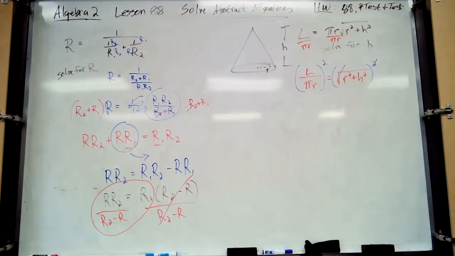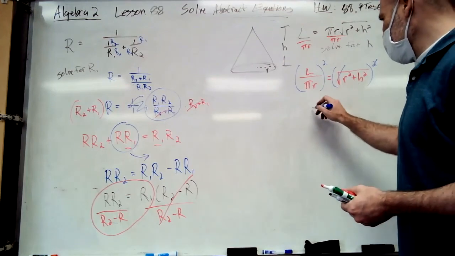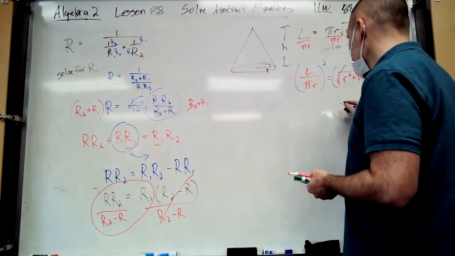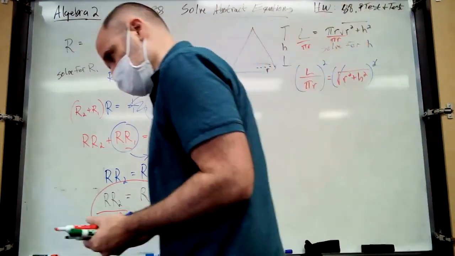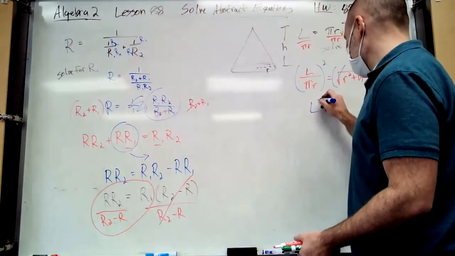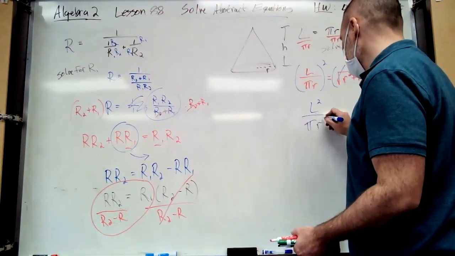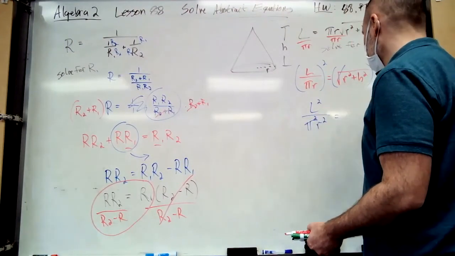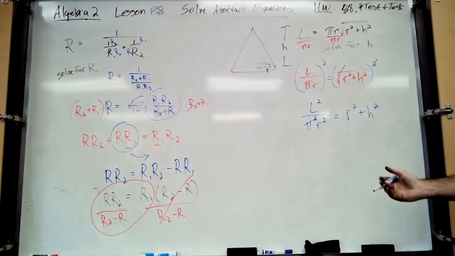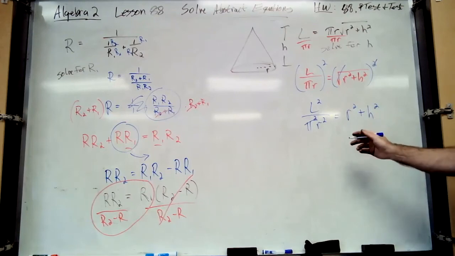Multiply it by itself or square it. So that cancels that, and you're just left with L squared over pi squared r squared. So you got this. Let's see how they wrote it. I just want to be consistent. Yeah, so when you square this, you get L squared over pi squared r squared. And then this is just r squared plus h squared. Last step, get rid of r squared.